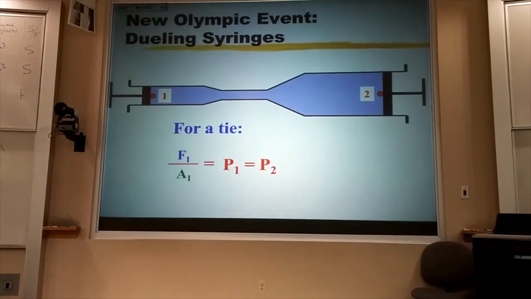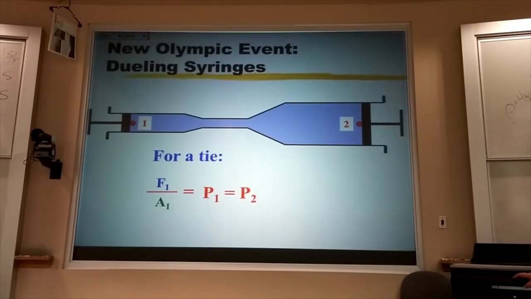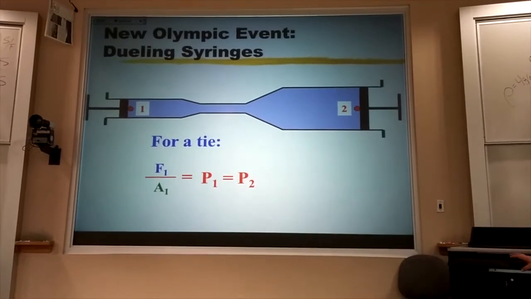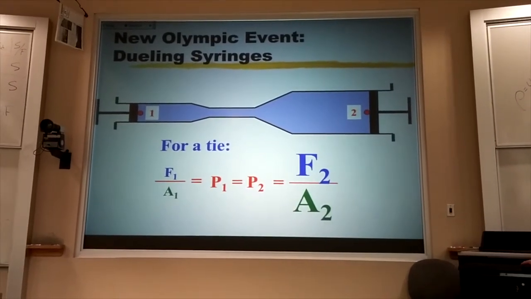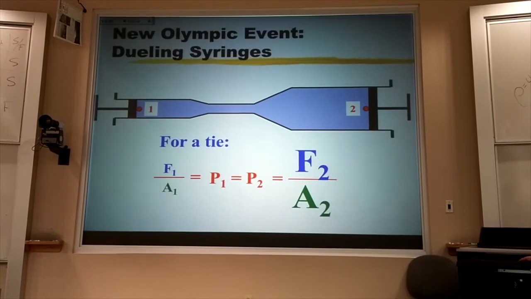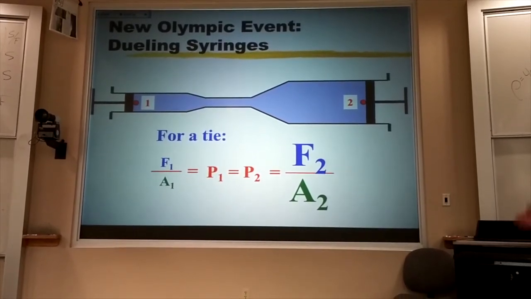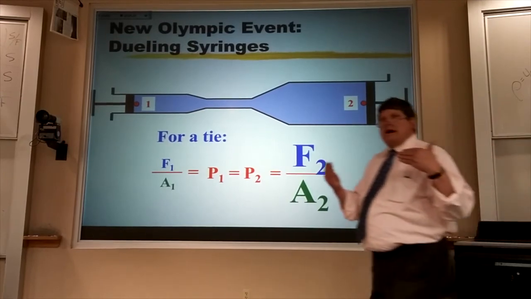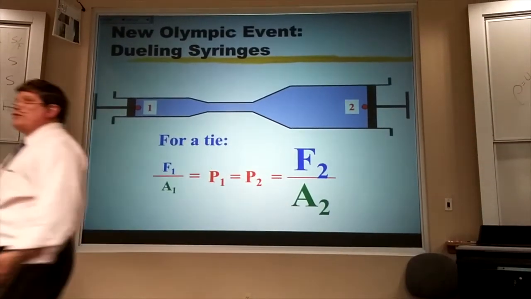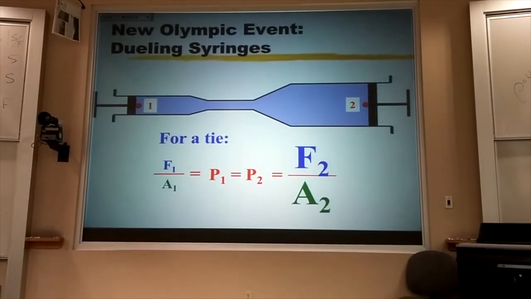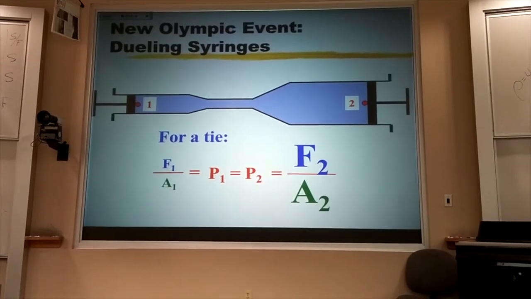But the pressure is the force divided by the area. So that means whoever's got the bigger area of the plunger has to provide a bigger force just to tie. If the ratio of the areas is 4 to 1, that means Bennett would have to push with his thumb 4 times harder just to tie.